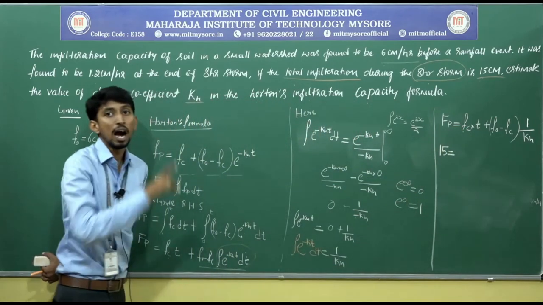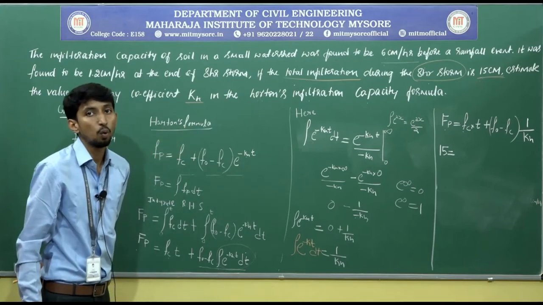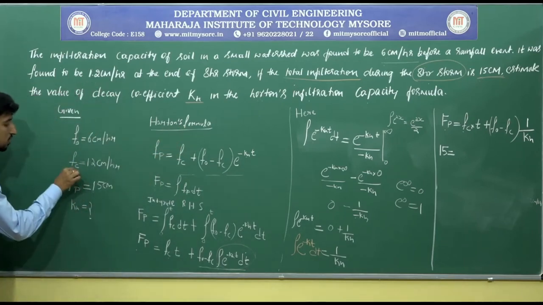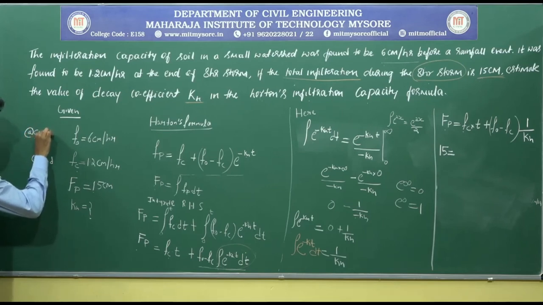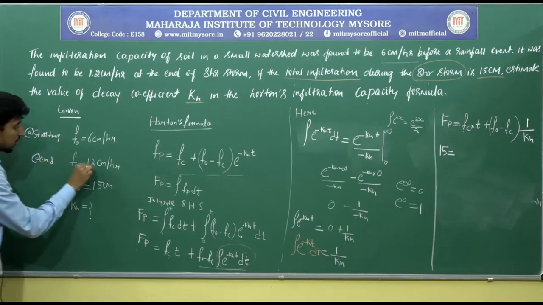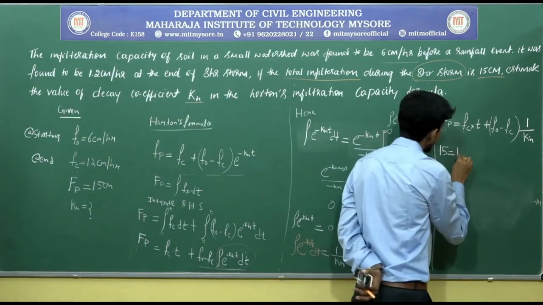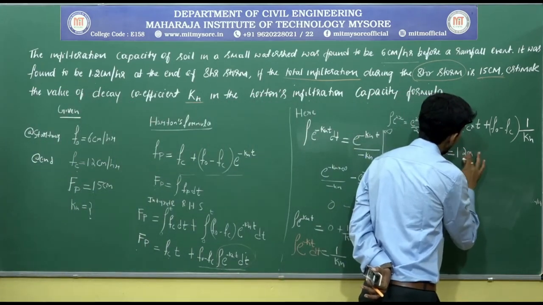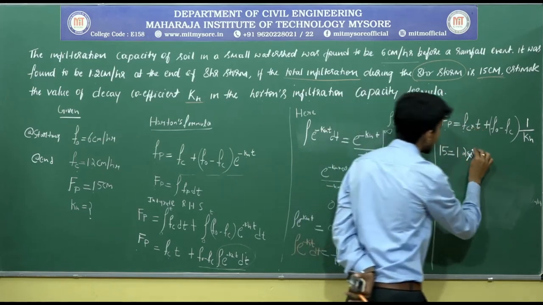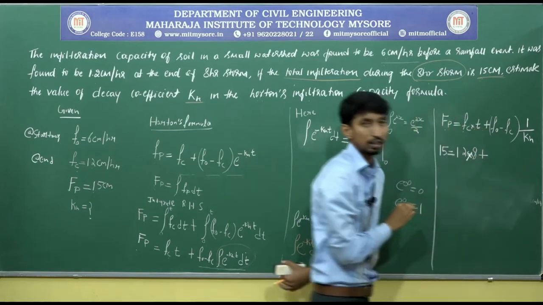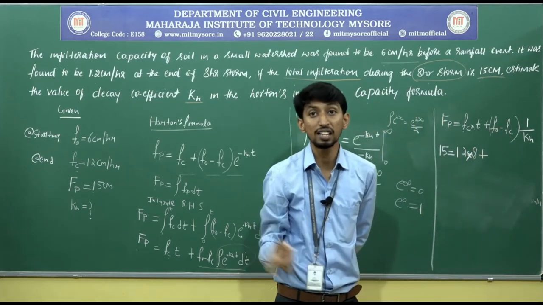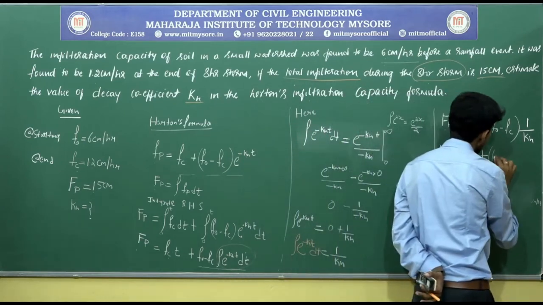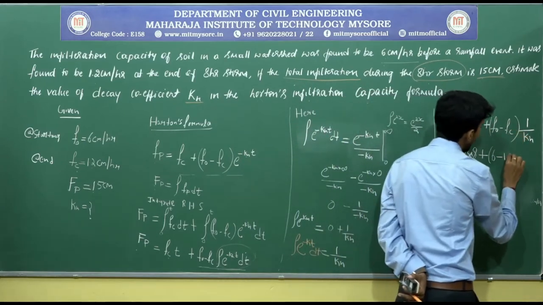Fc is nothing but the infiltration at the end of the rainfall, which is 1.2 centimeter, and time is 8 hour. Again you know the infiltration at the beginning: at the beginning it is 6 and at the end it is 1.2.